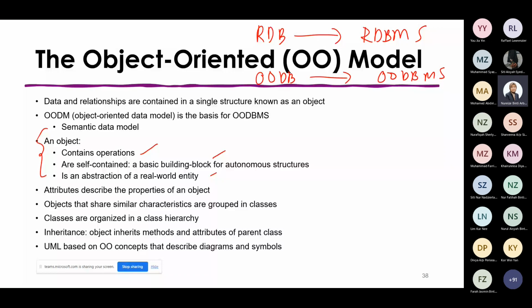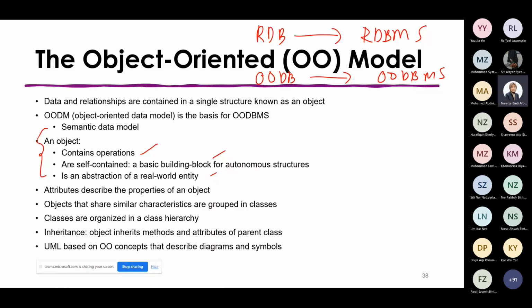The features are that it is self-contained and an abstraction of a real-world entity. Attributes here describe the properties of an object. Objects that share similar characteristics are grouped in classes.